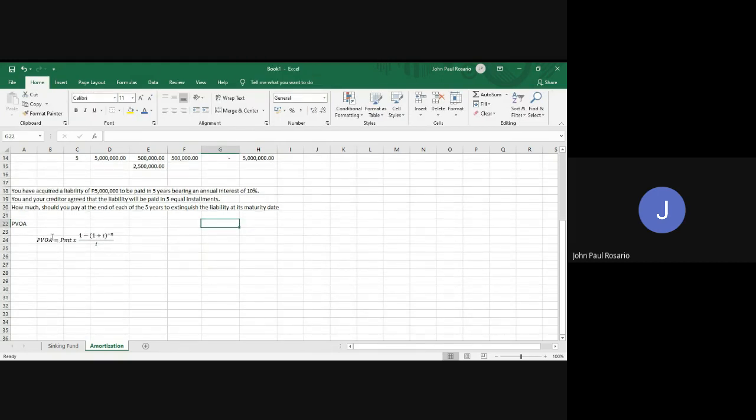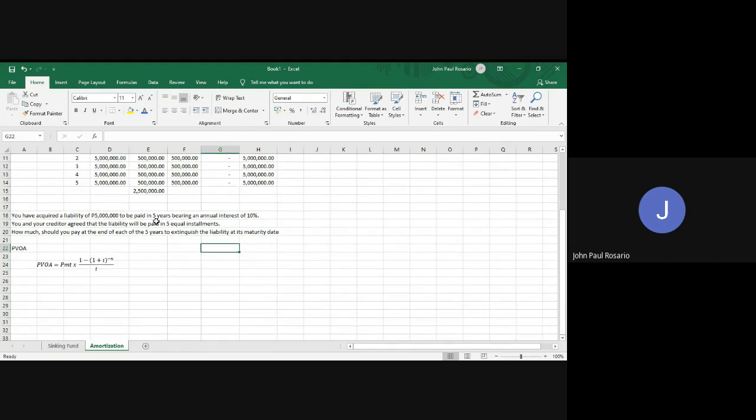Now we already know our present value, our present liability, but we don't know how much we should pay annually so that our liability will be extinguished at the end of 5 years. So our unknown is payment. With that, we will transfer this expression to the other side.